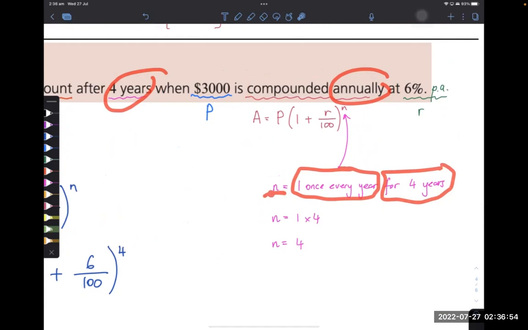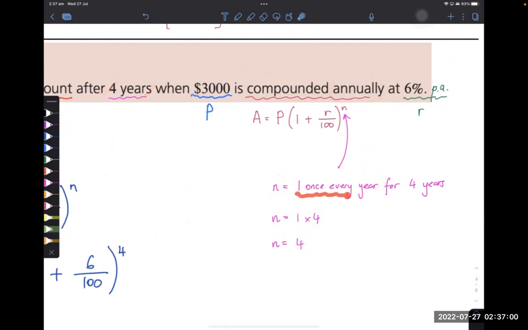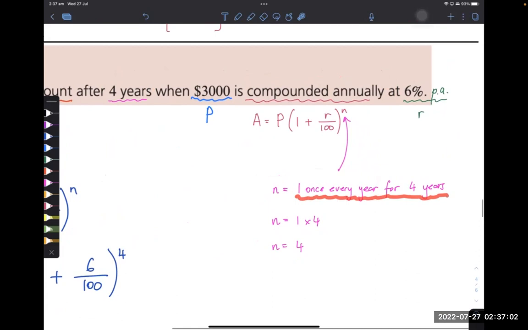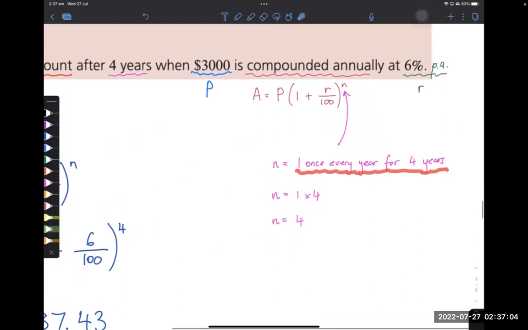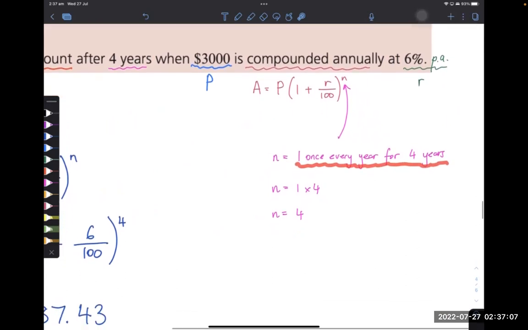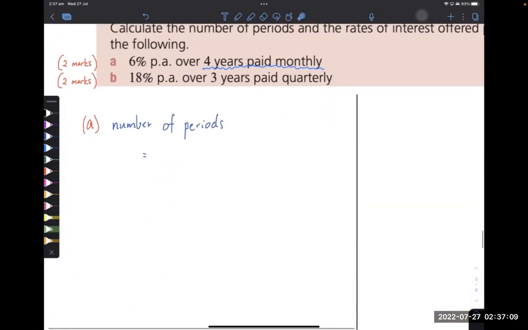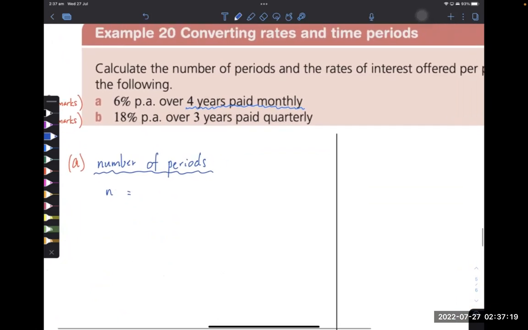So the total number of payments that you have is 1 times 4, which is equal to 4. This little phrase here really helps us understand how many periods we actually have altogether. So instead of writing the whole phrase number of periods, we know that to be N.